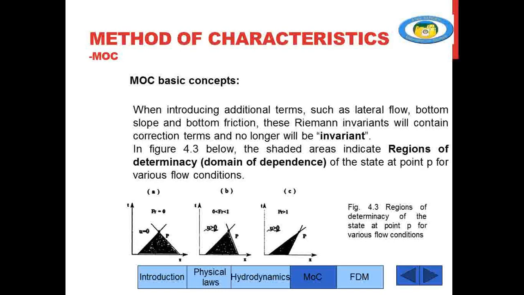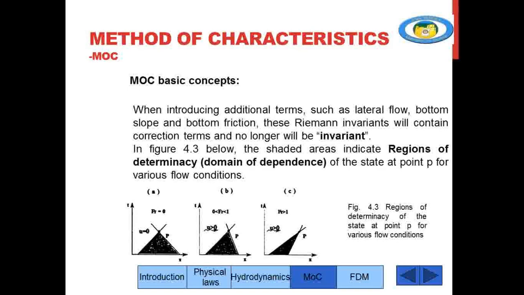And point P can influence points downstream. As you can see, this plot is x versus time. So for subsequent time, it would influence the flow characteristics downstream.